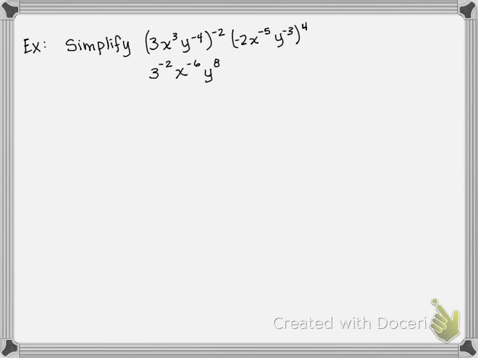Then that second set of parentheses also has 3 factors, and each of those 3 factors we're raising to the 4th. So negative 2, it's a negative number, and so it goes in parentheses to the 4th power. X to the negative 5th to the 4th is x to the negative 20th. Y to the negative 3rd to the 4th is y to the negative 12th.